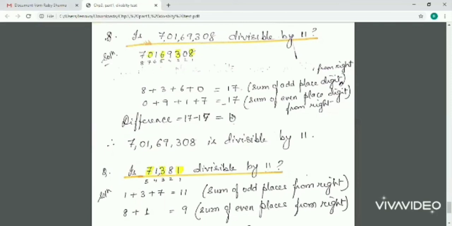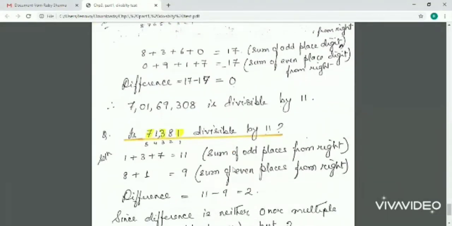So what do I get? 17. So the difference is 17 minus 17, I get 0. So it is divisible by 11. Hence, since it is 0, the whole number is divisible by 11.